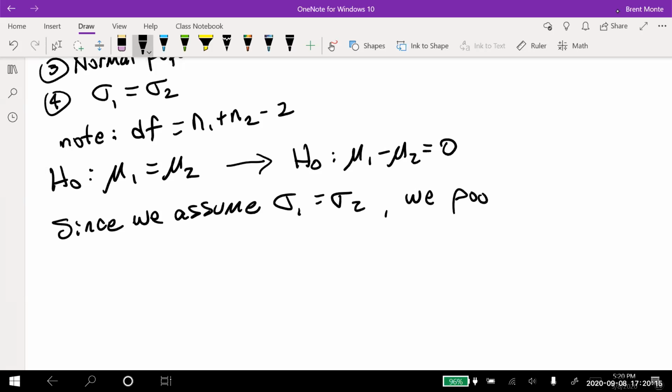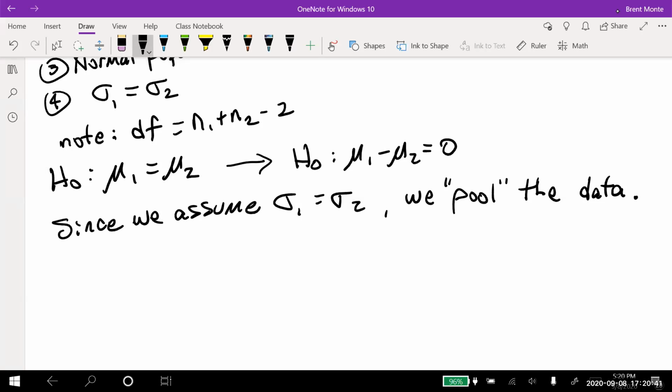So remember, since we don't know the population standard deviation, we usually use the sample standard deviation to approximate the population standard deviation. And that's why we have to do the t-test and the t-interval in the first place.